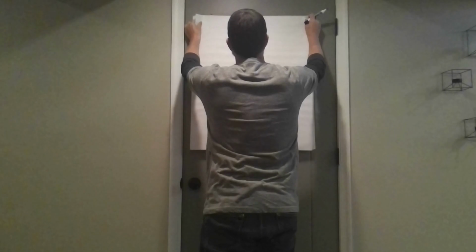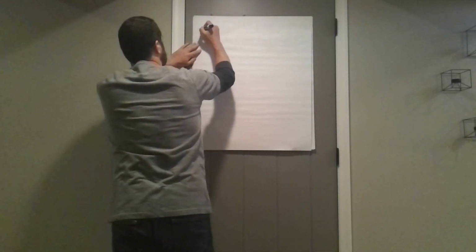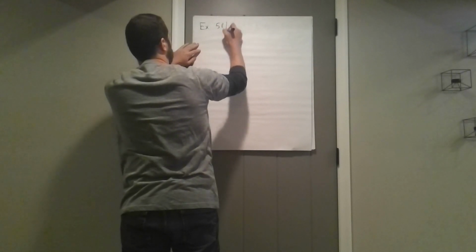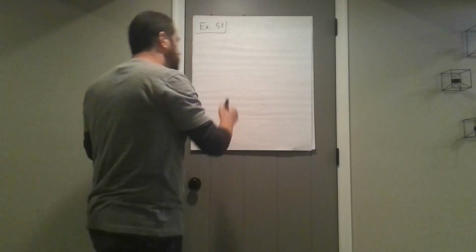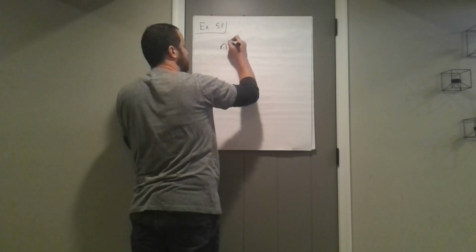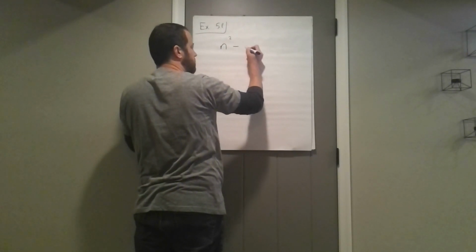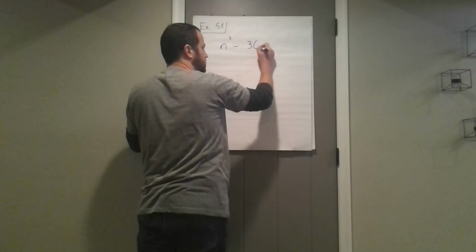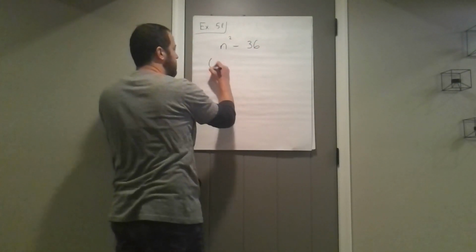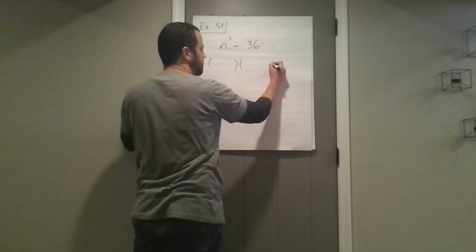We'll do a few more. We'll call this example 58. Let's say we have n squared minus 36. All right, we're going to factor this. We're going to end up with our two parentheses.